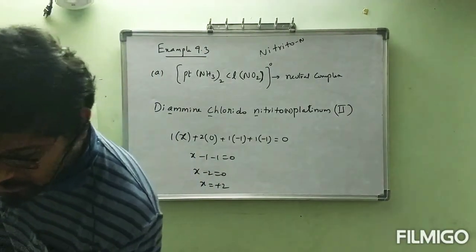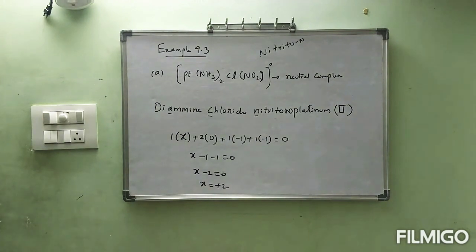Okay? That is the answer. See, all of you observe. Observe the name, all of you. Diamine, chlorido, nitrito-N, platinum 2.